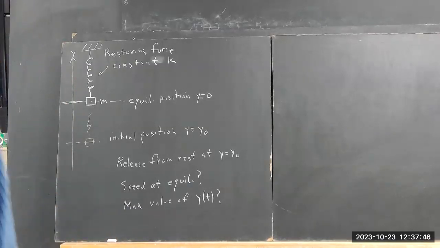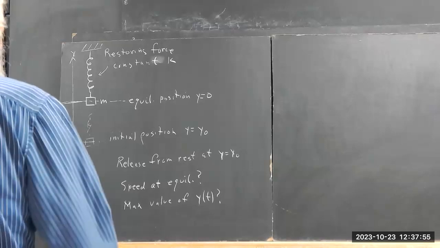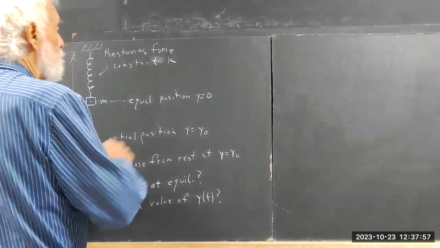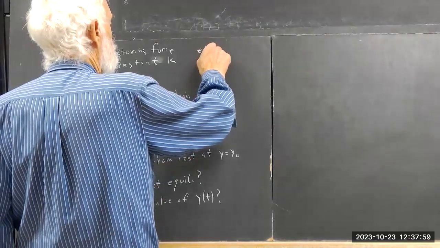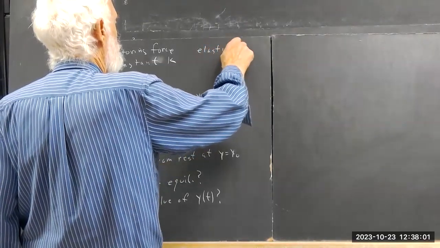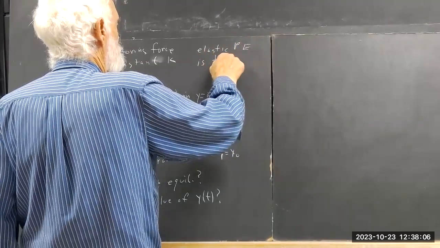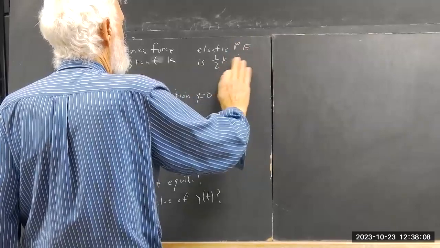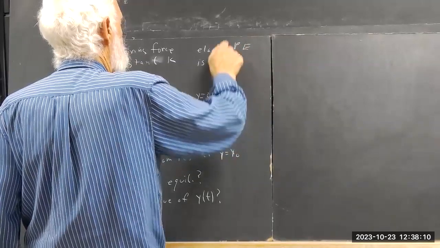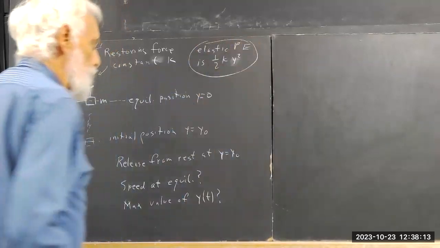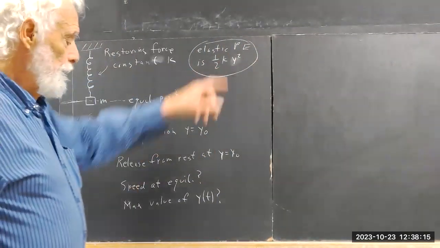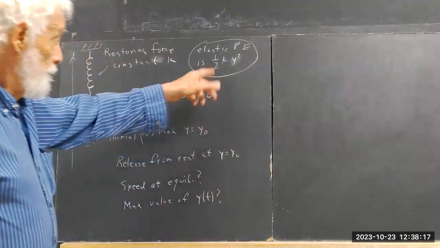Use energy, because energy is the only way you have of analyzing this. And I guess I'll tell you, although you should be able to integrate and derive this and work on that.